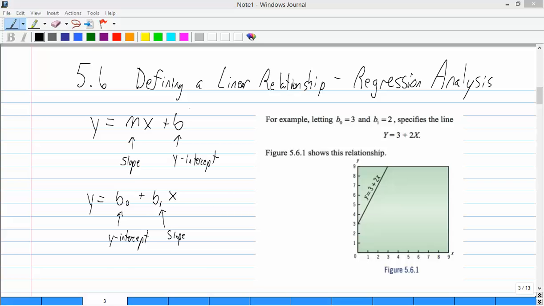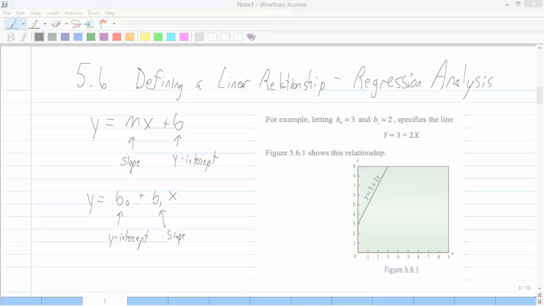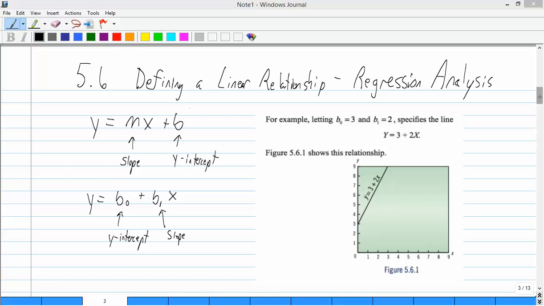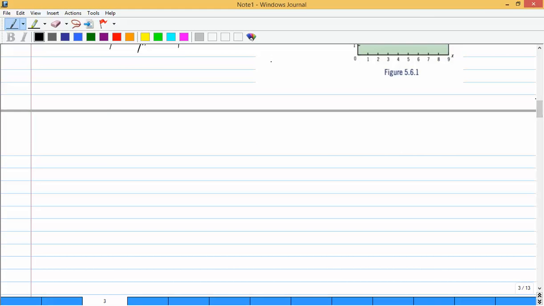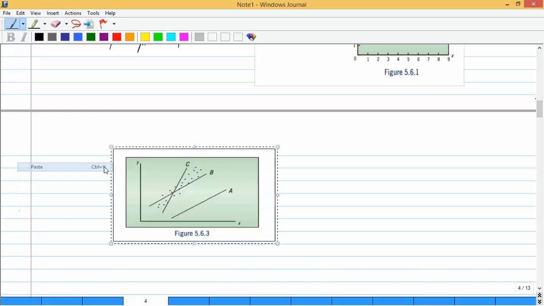Sometimes it's pretty tough to figure out that line that we could write or draw to show the relationship. Your book gives an example of a set of data and puts some lines there.